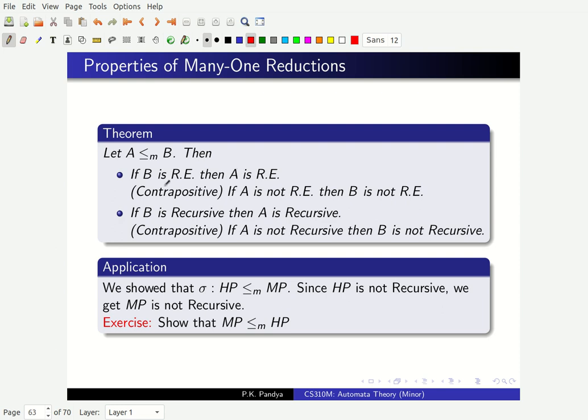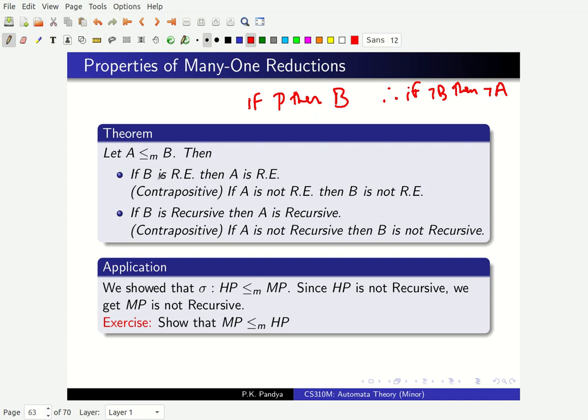Now this is an if-then statement, right? So we can write it in contrapositive form. If you have if P, then Q, then it is also true that if not Q, then not P. This is a fact. This is called the contrapositive version of this conditional statement.